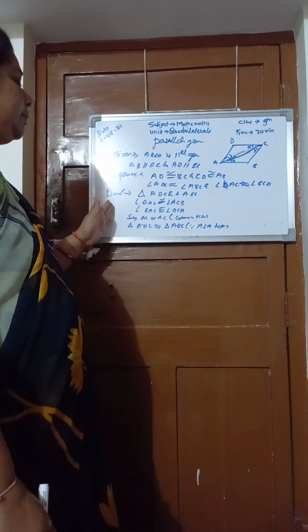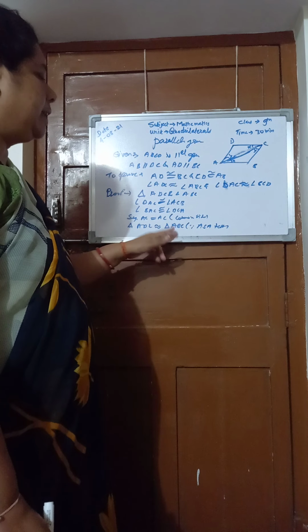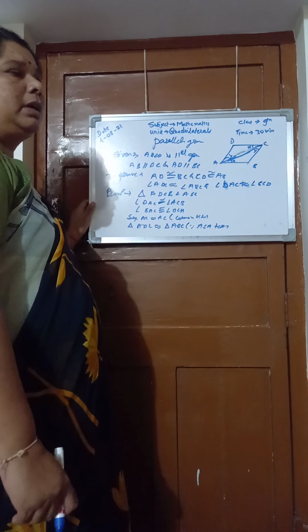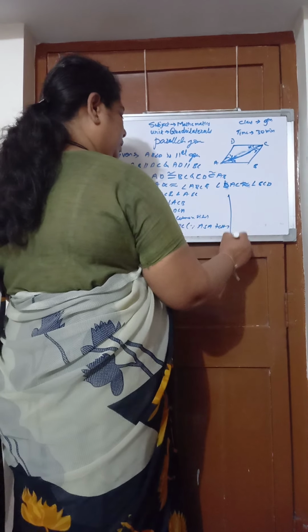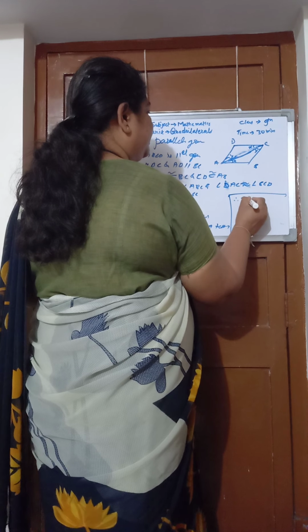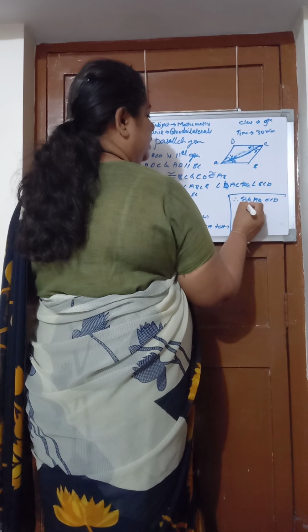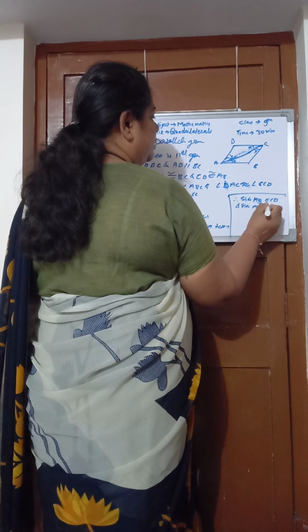In this way, we can prove triangle ADC equal to triangle ABC. As these two triangles are congruent, their respective sides and respective angles are congruent. Therefore, side AB equal to CD and side AD equal to BC.